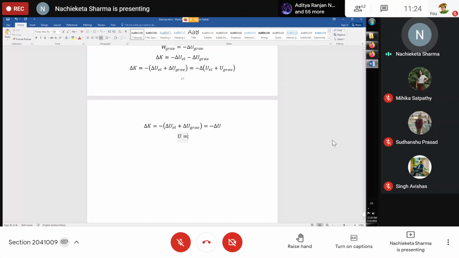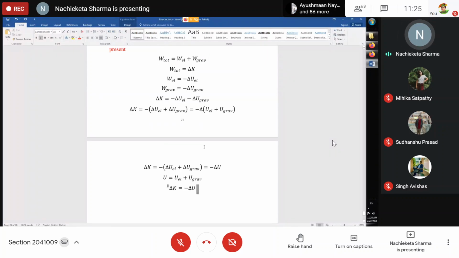We will work out very nicely all these graphs also, just wait. So now again my equations, you see what equations I will get. So delta K is equal to minus delta U, or delta K plus delta U is equal to 0, or delta E is equal to 0, or E2 is equal to E1.